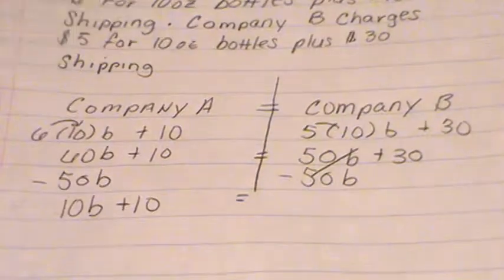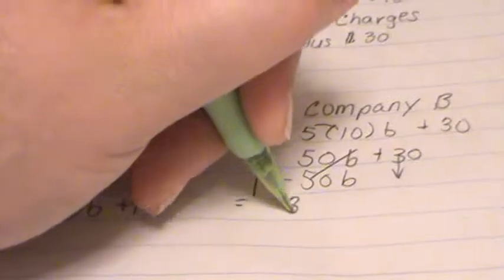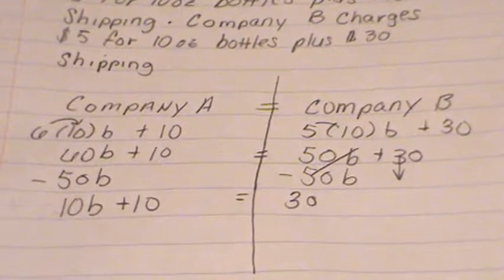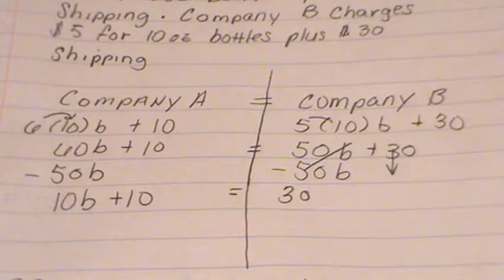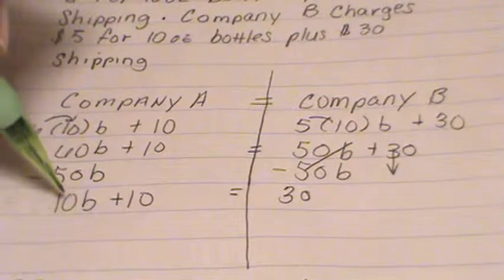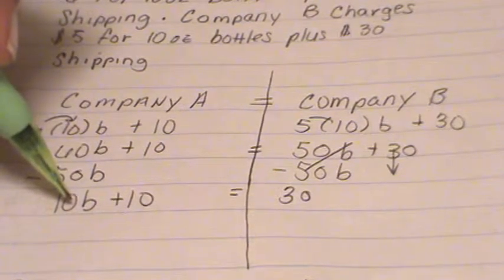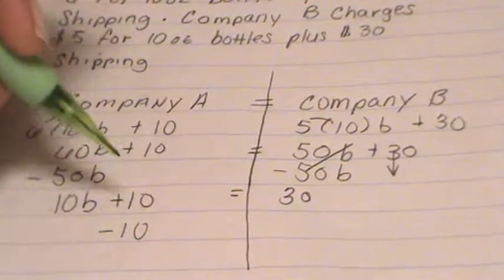This goes away. And I haven't done anything with the 30 yet, so I need to bring that down. Remember, always working on the side of the variable. We're trying to get the variable by itself. It's not by itself, so we're not done with the problem. Step 3 is make sure all the variables are on one side, which we have done. Step 4 is to undo addition or subtraction. I have a positive 10, so my job is to subtract 10 from both sides.